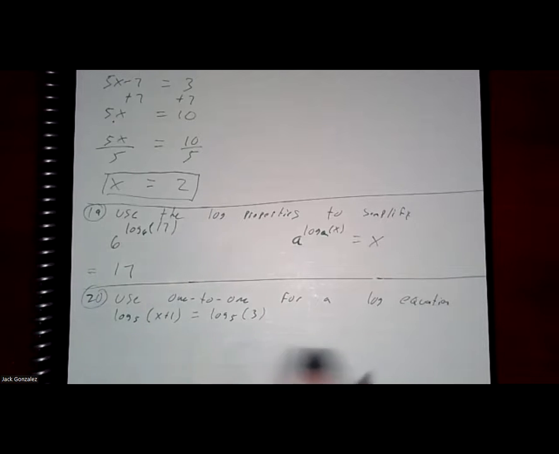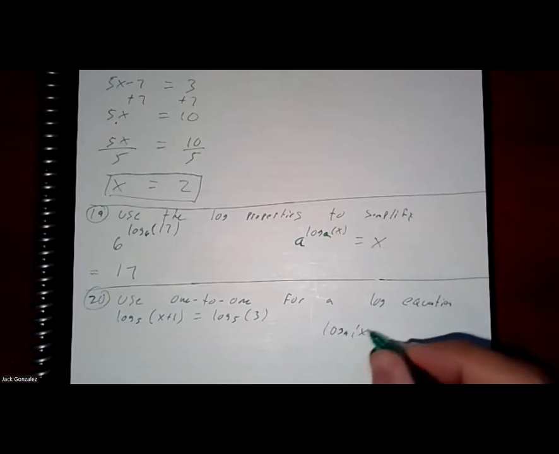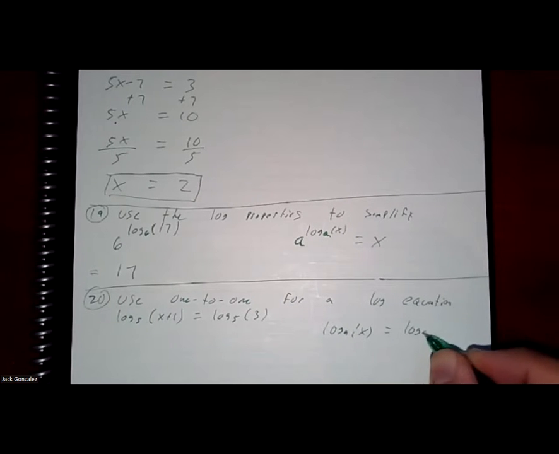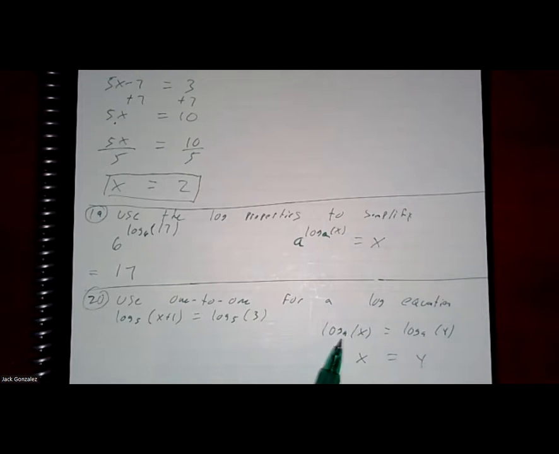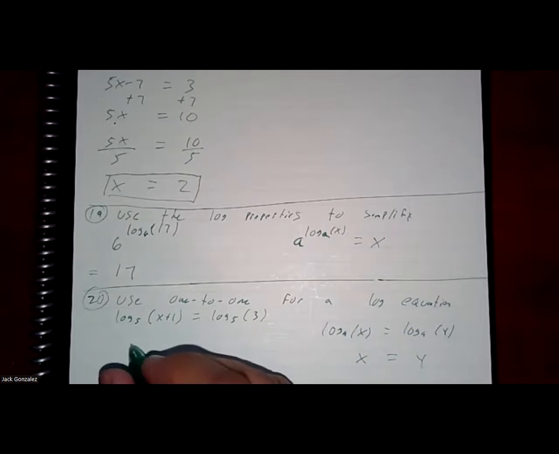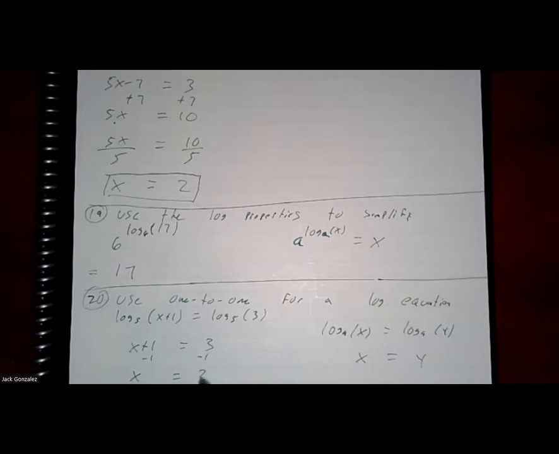Since the bases match, there's another property we said: log A of X equal to log A of Y means that X will equal Y if you have an equation and the same bases. So here we have the same bases, so you can say X plus 1 is equal to 3. Subtract the 1. X is equal to 2.